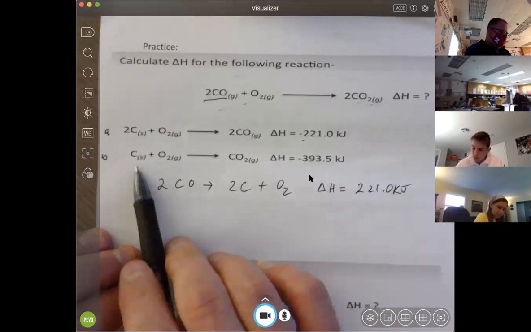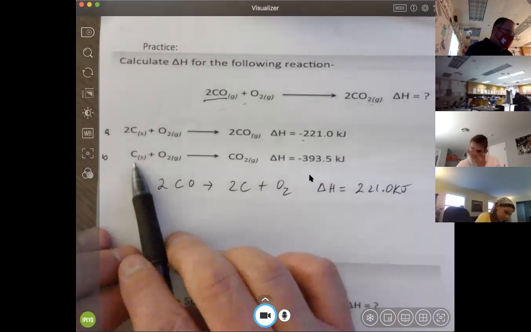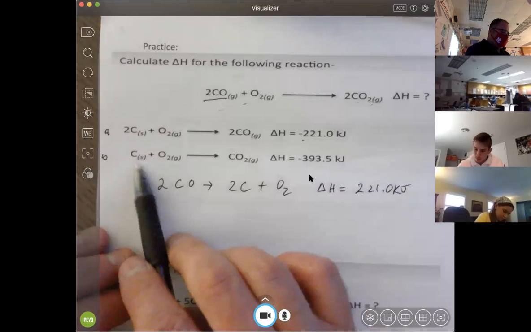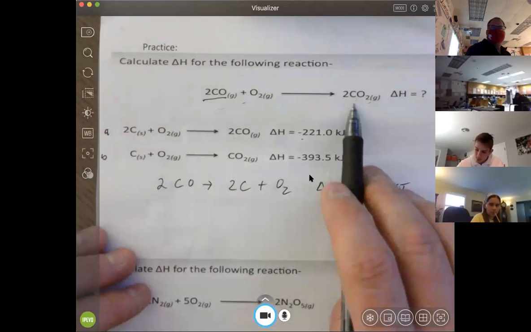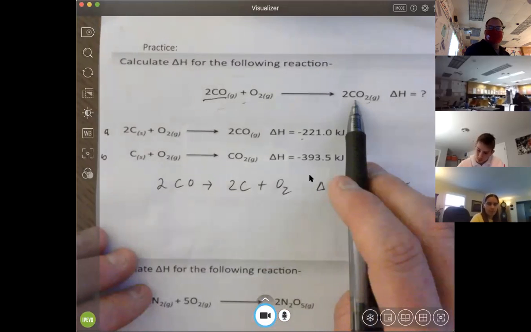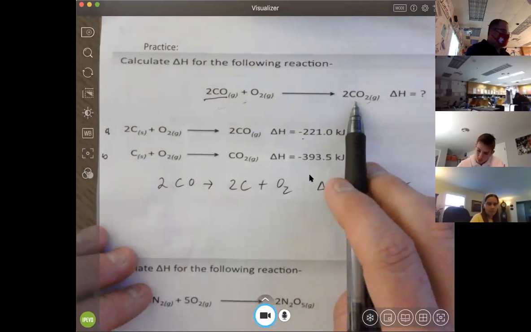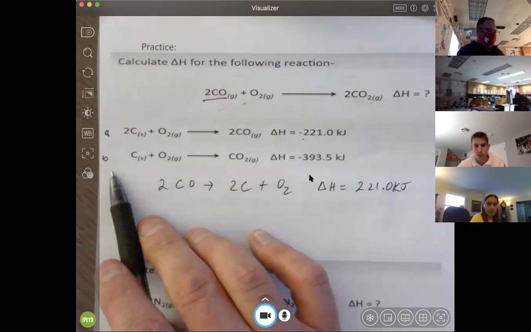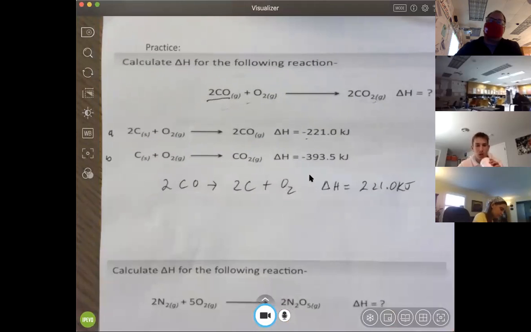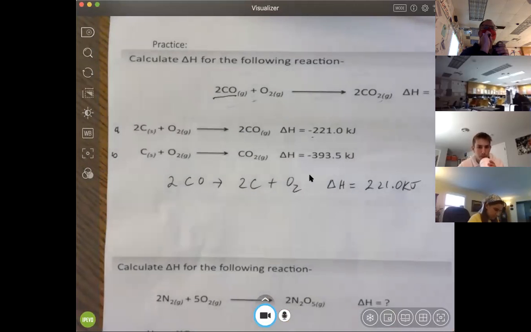If we take a look here, we have C plus O2 yields CO2. The problem we have is our product does not have CO2, it has 2 CO2. Anybody want to take a guess at what we could do to reaction B to make it look more like our product up there? Anyone? Double it.